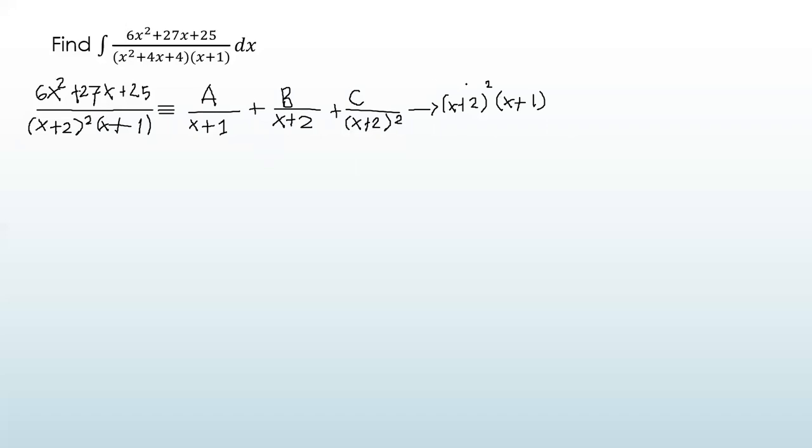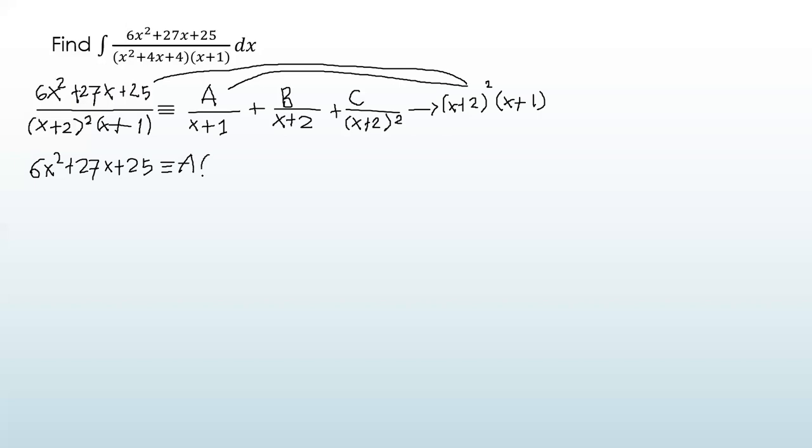If you multiply this term with the left side, it's going to be 6x squared plus 27x plus 25, identical to: multiplying the term a over x plus 1, it's going to be a times x plus 2 squared, because x plus 1 divided by x plus 1 equals 1.